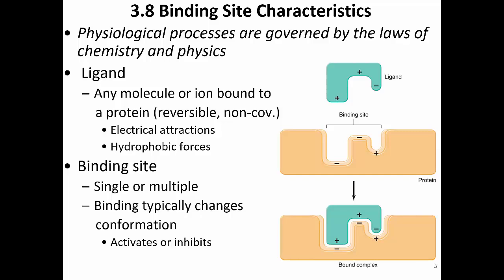What we'll observe is that a protein may have multiple binding sites for ligands, and typically when a ligand binds to a binding site, a conformational change occurs within the protein to which that ligand bound. We've talked previously about the nature of proteins and the idea that they are a long chain of amino acids.